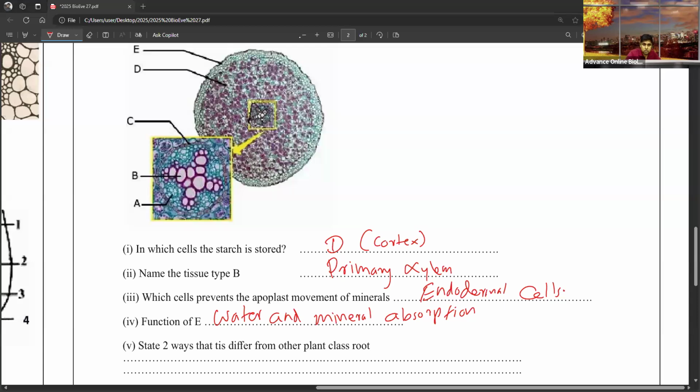So cortex is not a cell, right? Yeah, it's not a cell. What is the problem? And next one.